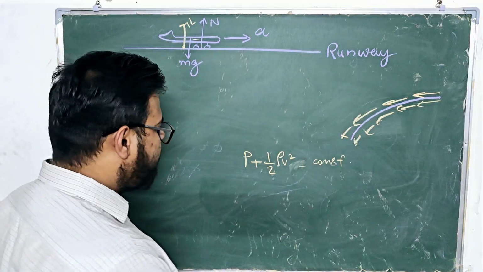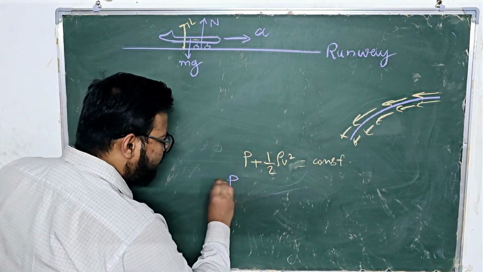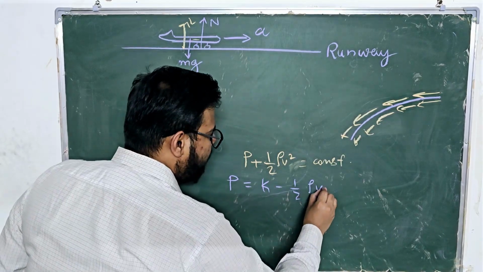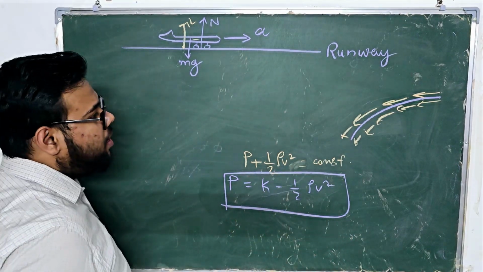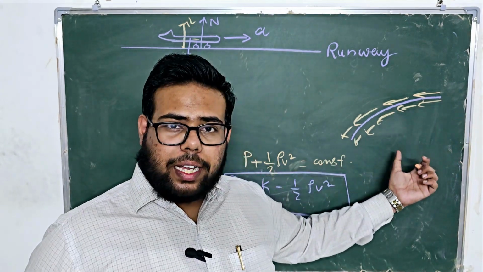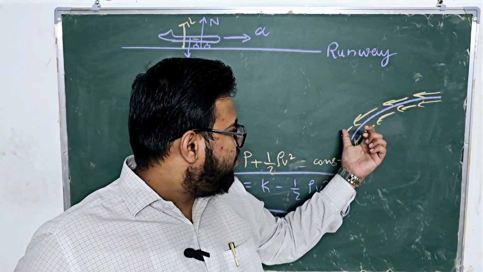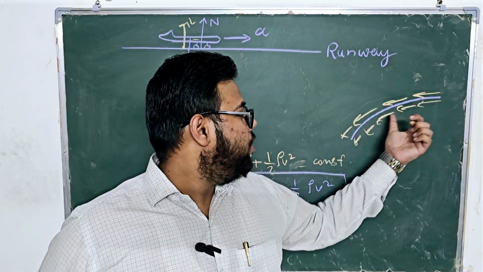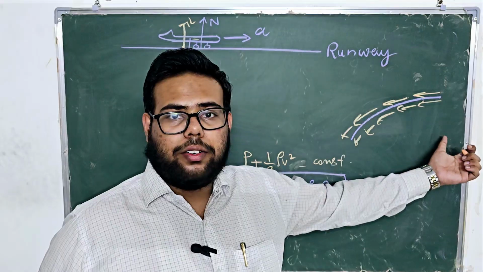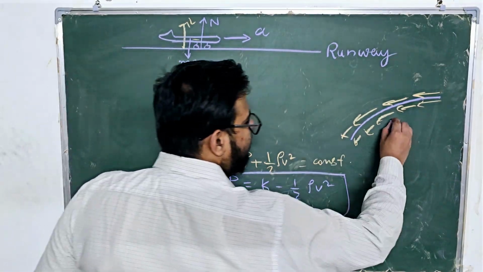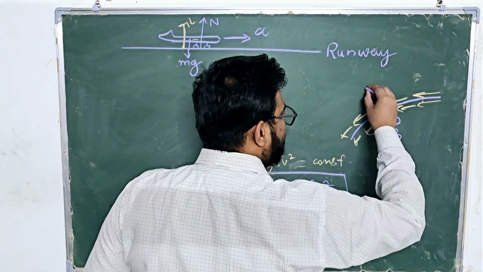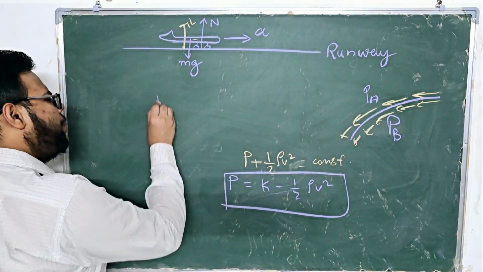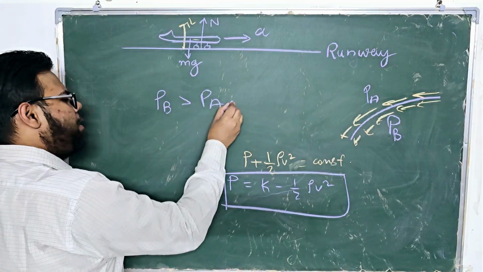Okay, we know this thing. So it means that pressure is some constant minus half rho v square. Since for the same amount of time, the upward air is traveling more distance as compared to the bottom air, if I name it P bottom and this P above A, then PB will be greater than PA.